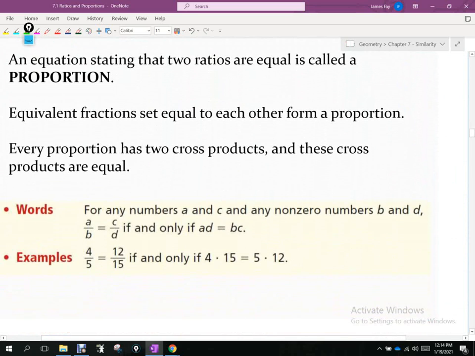All right, so let's talk about proportions. Understanding proportions is going to be the number one thing that's going to allow you to be proficient in everything else that we talked about for probably about 2.5 months.